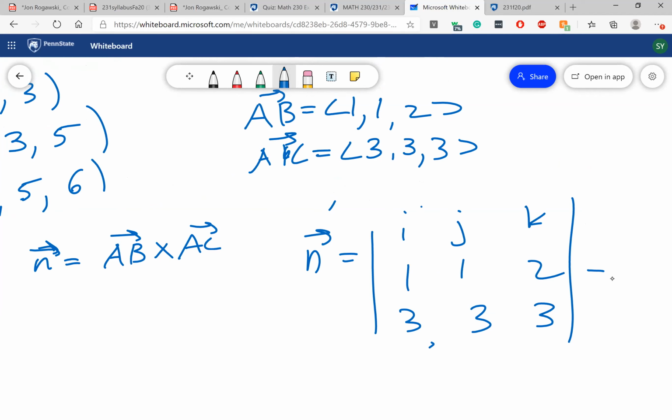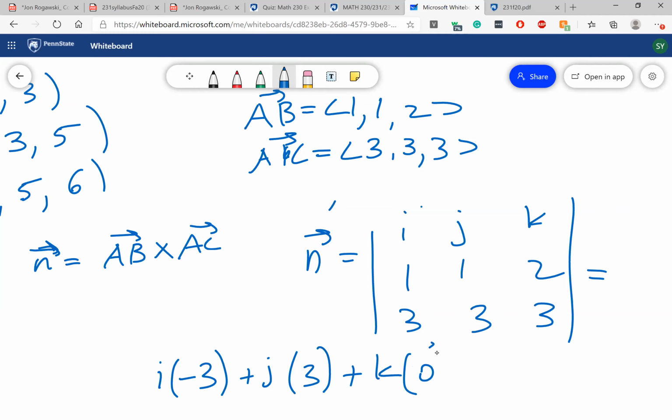So this is going to be equal to i times 3 minus 6, which is negative 3, plus j, minus j times 3, again minus 6, so plus 3, right? Good. And then plus k, and you're going to have 3 minus 3, so that's 0. So the normal vector will be negative 3, 3, 0.